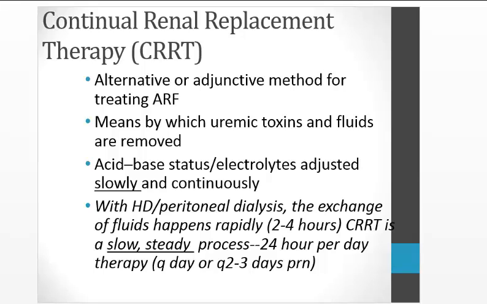The alternative or adjunctive method for treating acute renal failure for those patients is called continuous renal replacement therapy. This is a means by which uremic toxins and fluids are removed, but very, very slowly. So it is sort of like having hemodialysis, but on slow mode, okay?